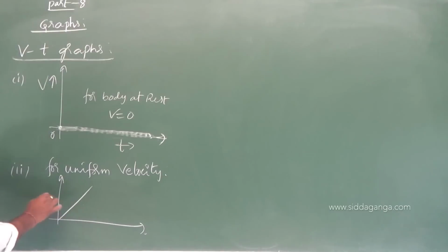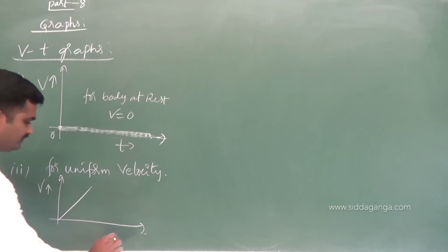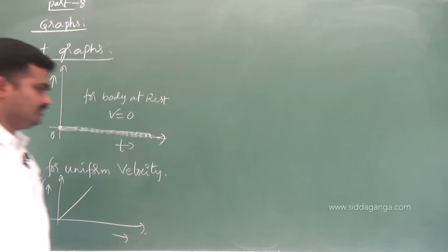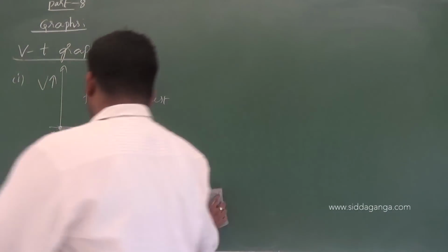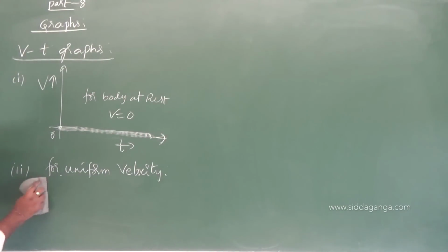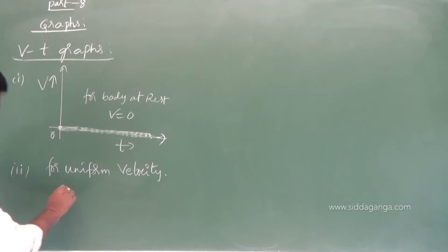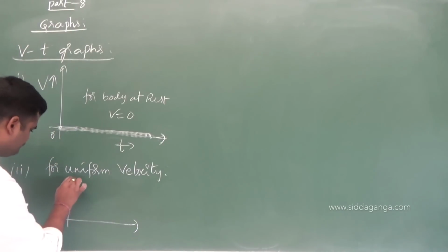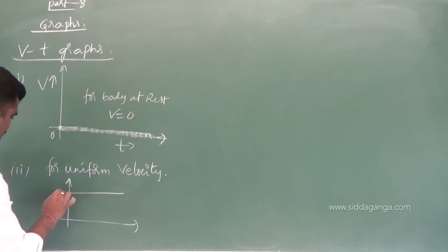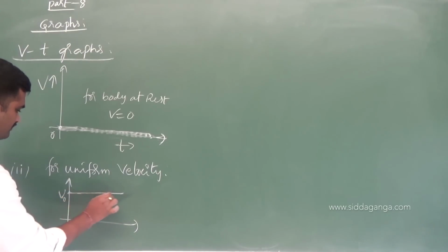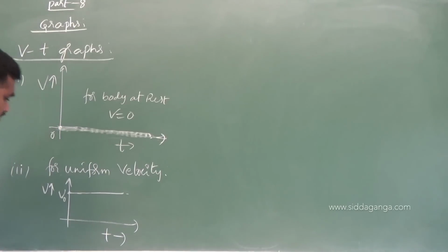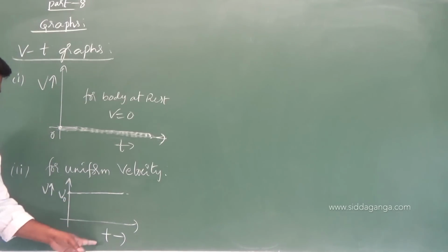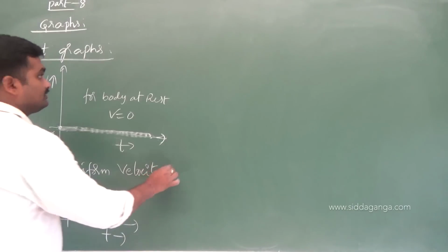Sorry, this is not uniform velocity. This one. Some V naught, it is constantly moving with this uniform velocity in the same direction, in one direction itself. Well, this is uniform velocity.